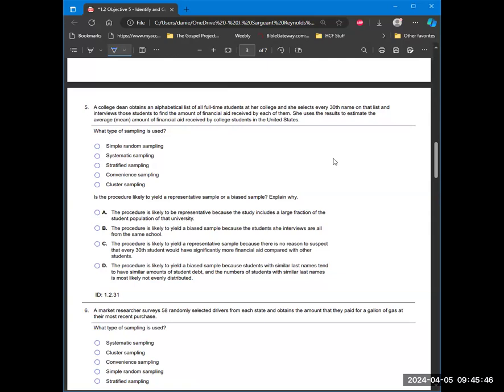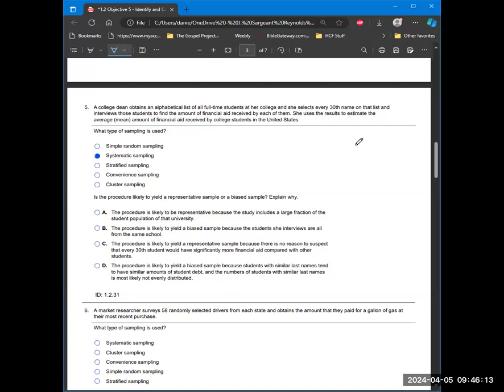So, what type of sampling is used? And this is going to be systematic because there's a system to choosing every 30th name on the list. So it's not random where everybody has an equally likely chance of being chosen, but it is systematic where you aren't trying to control the outcome.